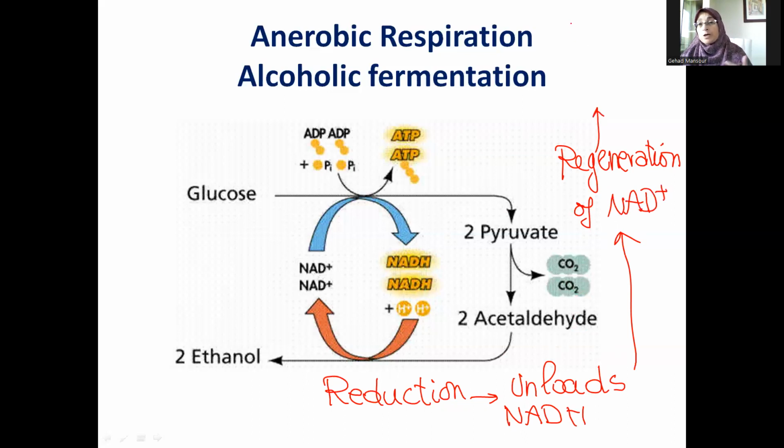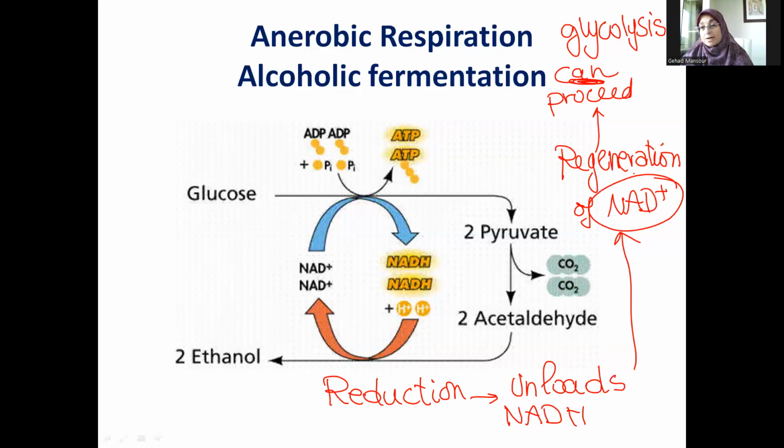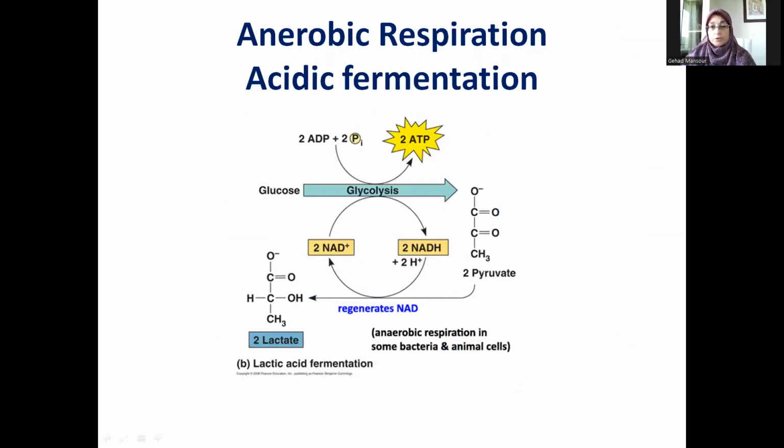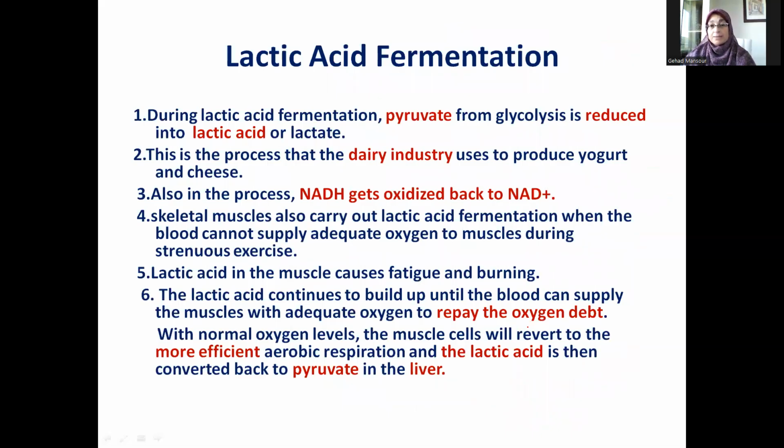In order for glycolysis to proceed, because glycolysis can proceed only if there is NAD to carry the hydrogen that is released from glucose, okay? This is the process of acidic fermentation, and it is clear here that pyruvate reduction regenerates NAD.